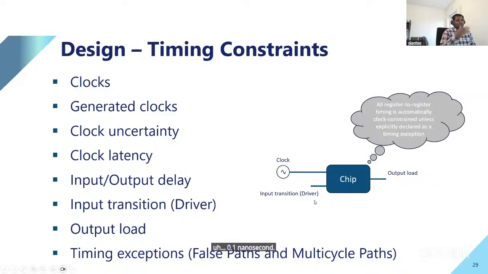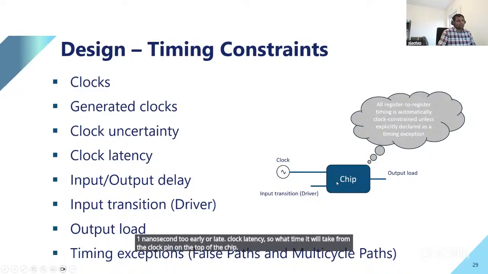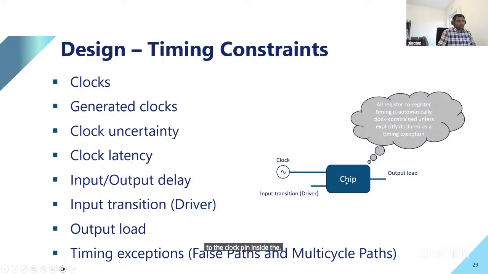The edges of the clock will drift too early or late. Clock latency is the time it takes from the clock pin on top of the chip to the clock pin of the flip-flop inside the chip. That's basically the network latency.